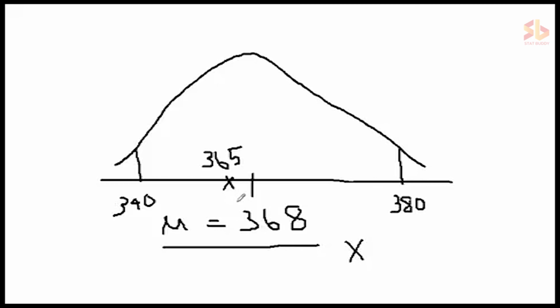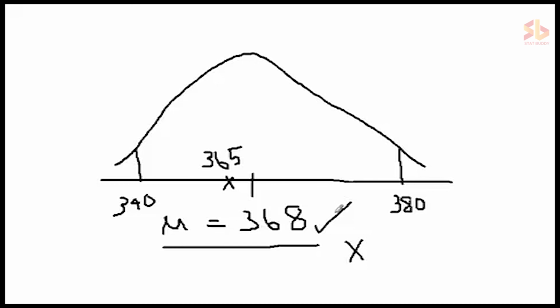But if I take a sample mean between 340 and 380, though it is not exactly equal to 368, we can conclude that mu is equal to 368, because we are taking samples, we are not examining the entire population.